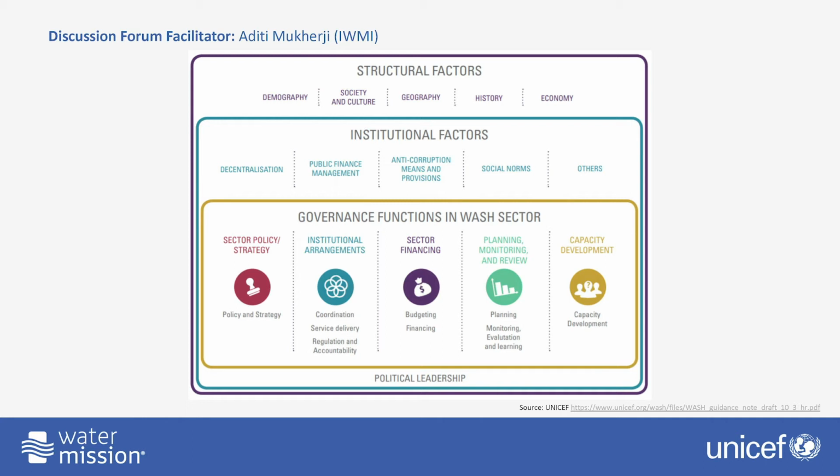Then the next layer of factors are institutional factors, such as is there an emphasis on decentralization? Are there good rules and regulations about public finance? Are there anti-corruption means and provisions? And are there social norms that support entrepreneurship, for example?